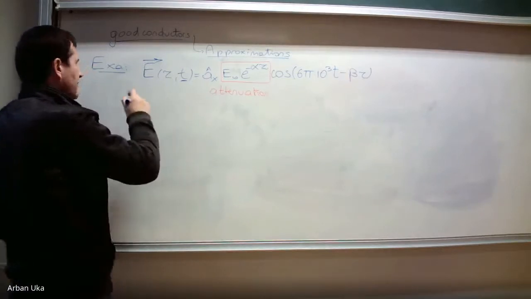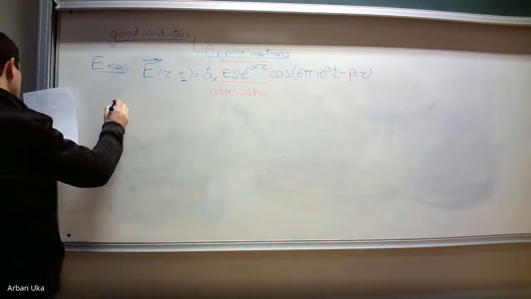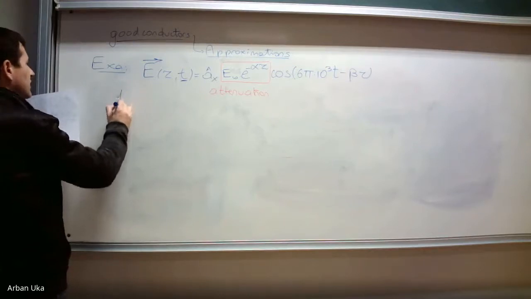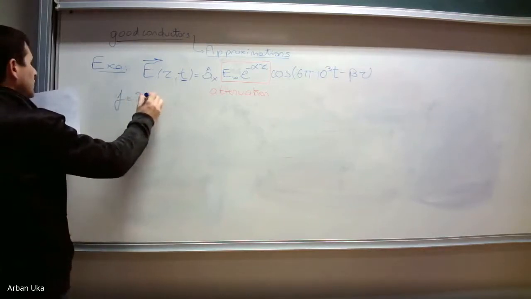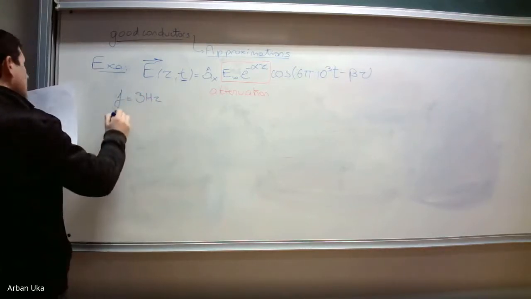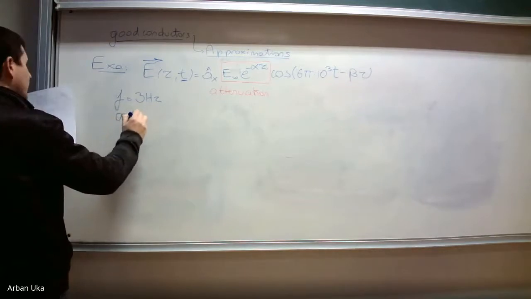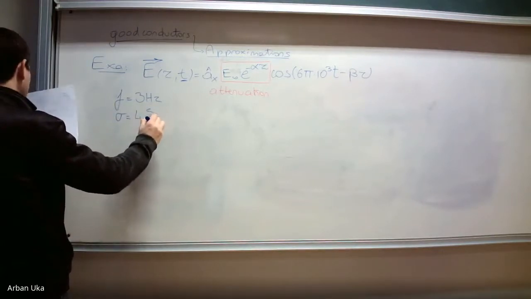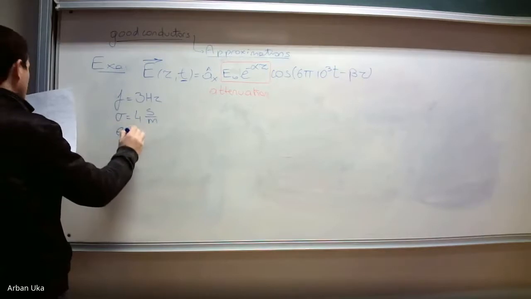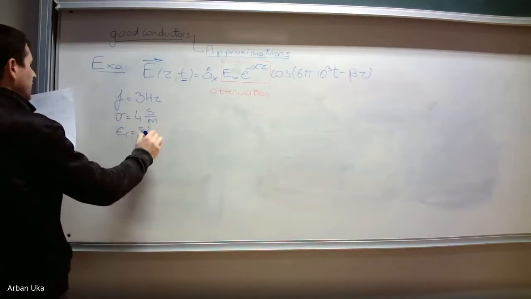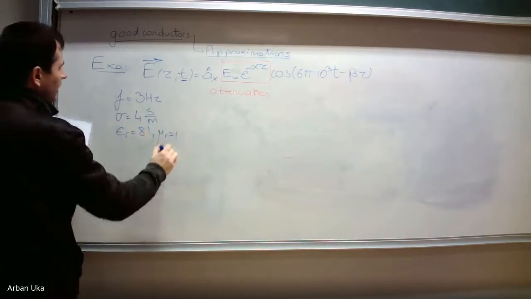Here, the parameters are: the frequency is 3 kilohertz, sigma is equal to 4 Siemens per meter, epsilon r is 81, and mu r is 1.